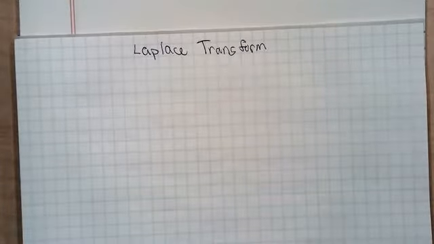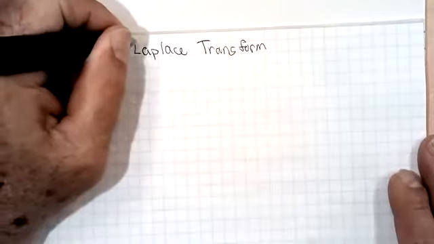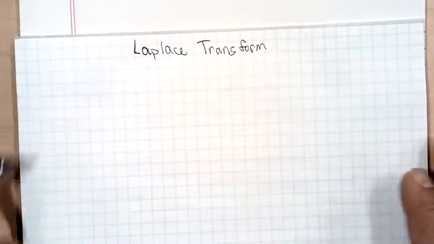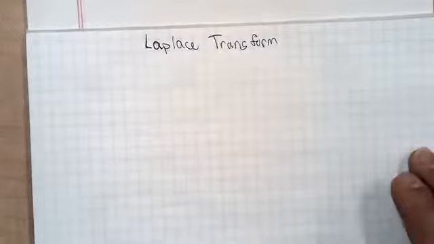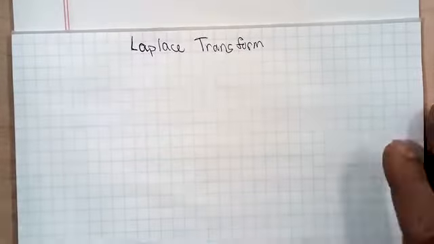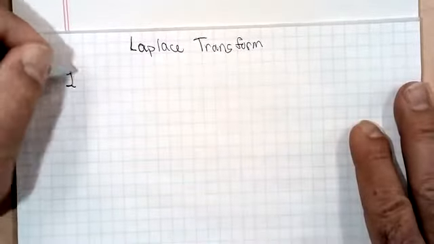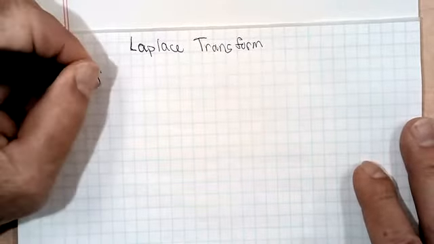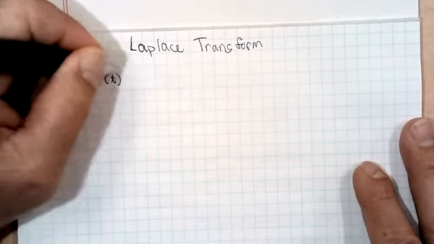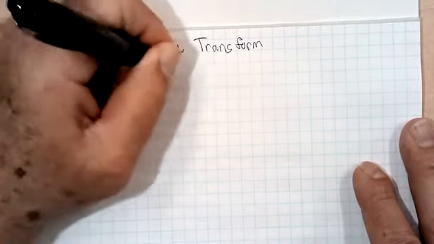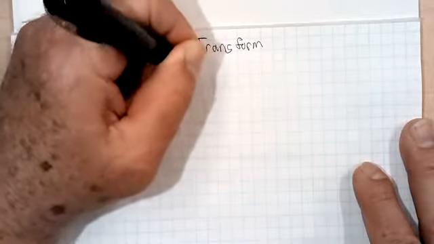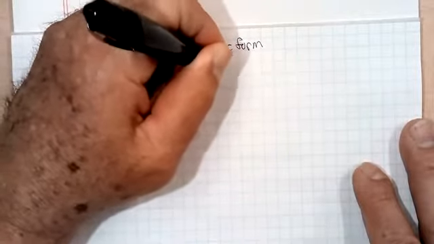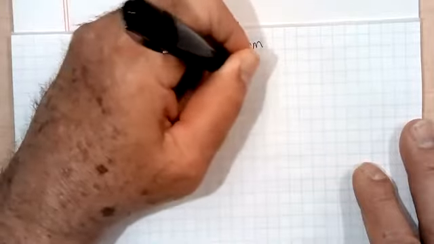So, like half the stuff in English, it came from some other language, so it doesn't follow English rules of spelling. So Laplace is, as far as I know, how it's supposed to be pronounced. Okay, what is the Laplace transform? The Laplace transform of the function f of t is defined as the integral from 0 to infinity of e to the minus st times f of t dt.